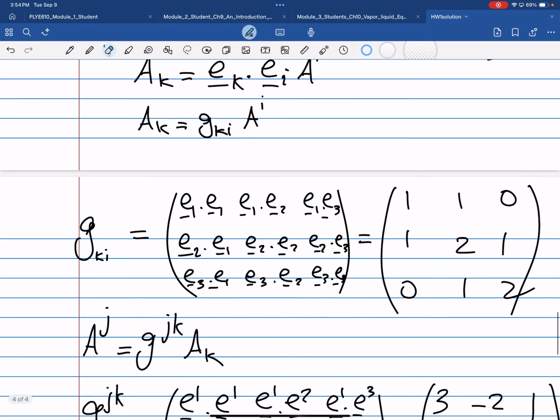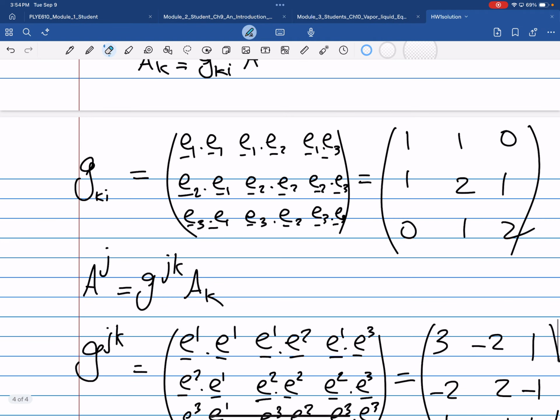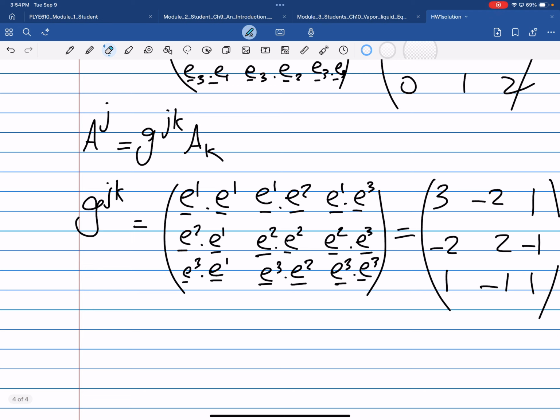So what else do you want to do here? What is the expression of A in the basis, 2 E1 plus 3 E2 plus 3 E3? I have a little bit different.